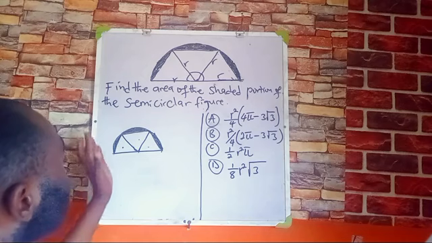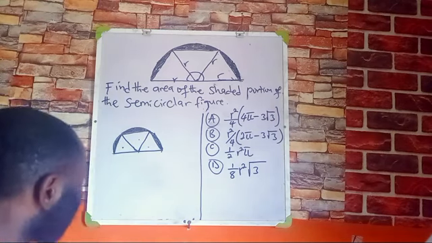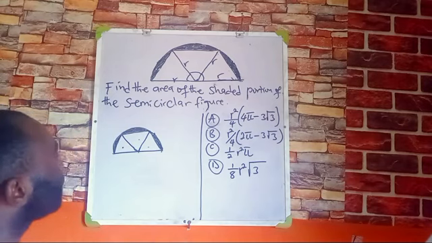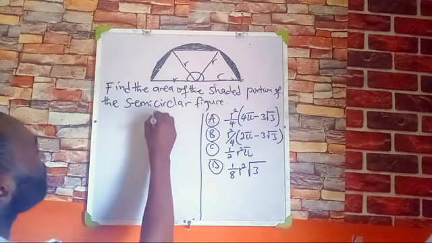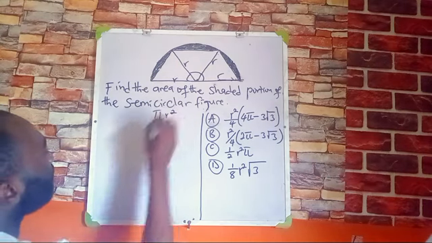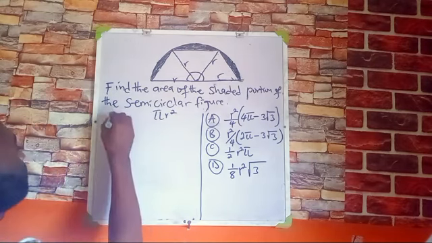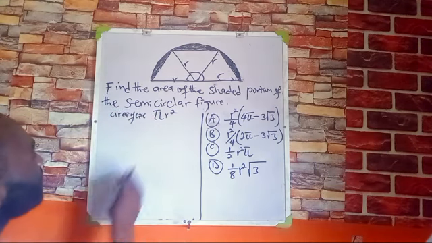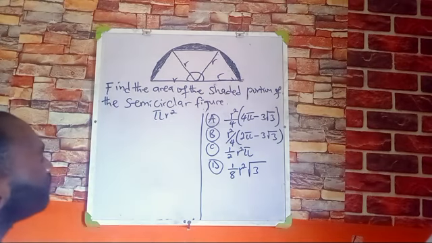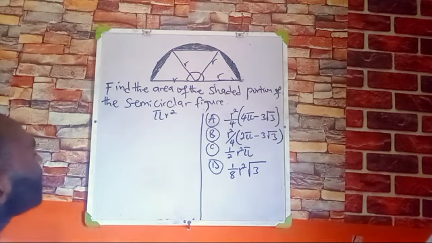Now in this shape we have a semicircle. We know that the area of a circle is pi r square.